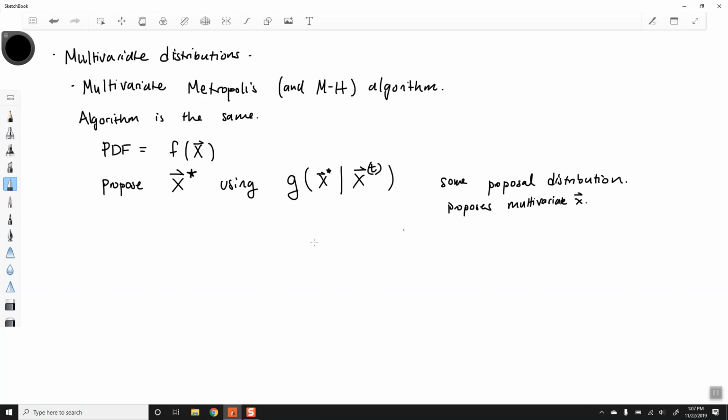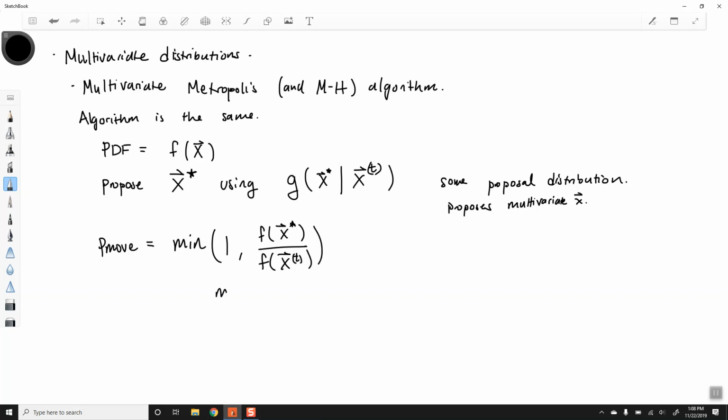Then P move will be the min of 1 and f of the proposed divided by f of the current.